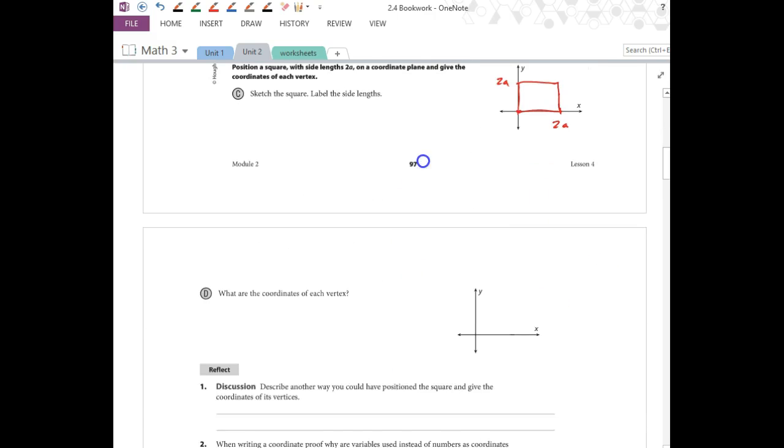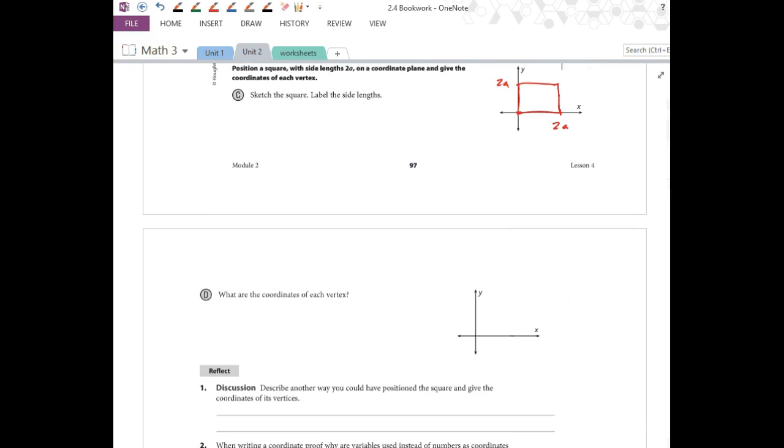Moving to the next page, it asks us to write the coordinates of the vertices that we just found. Each vertex, singular, and vertices, plural.